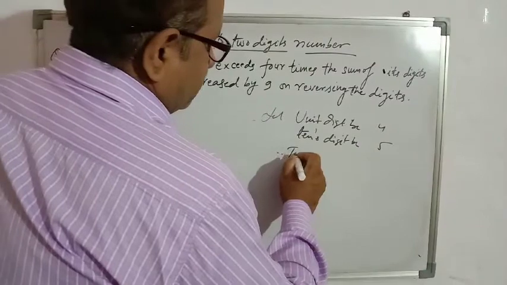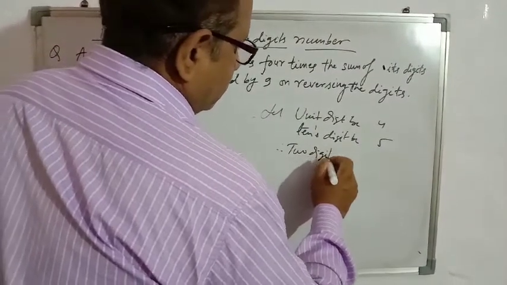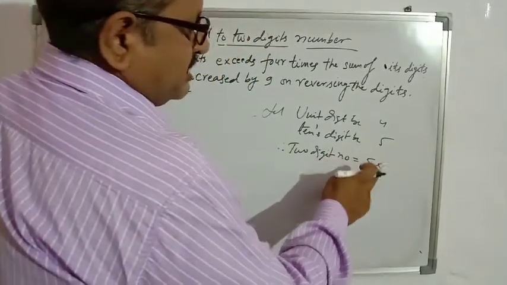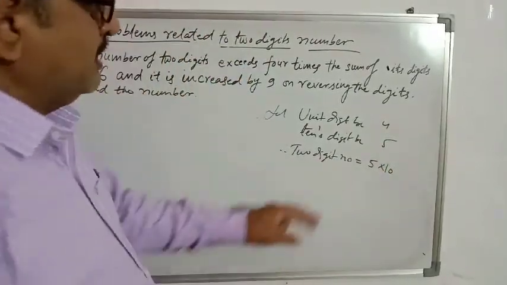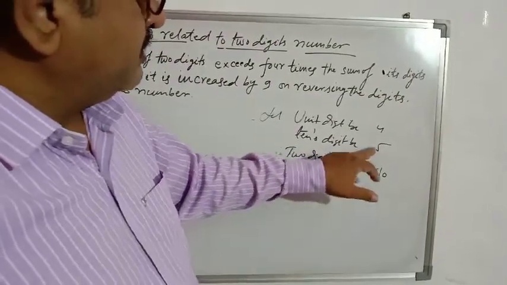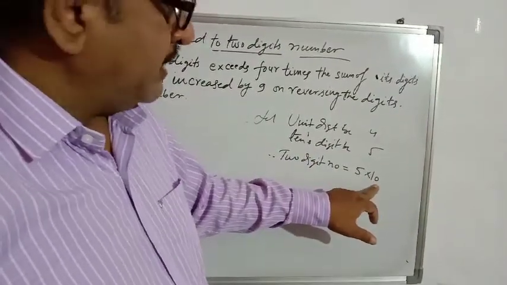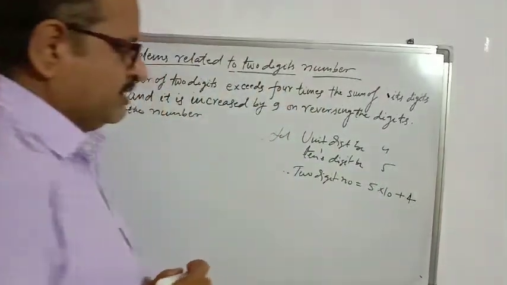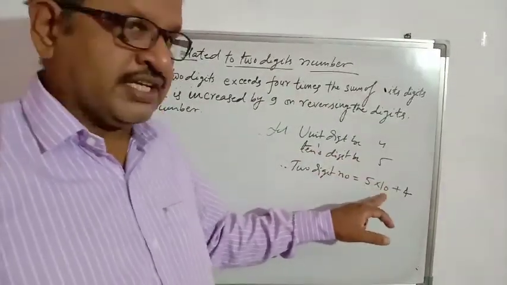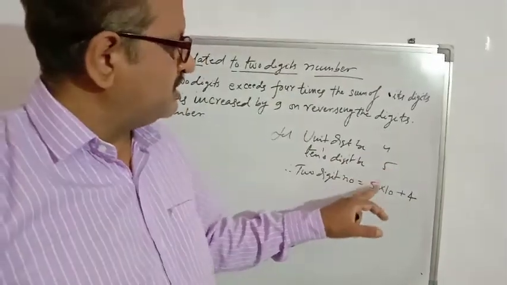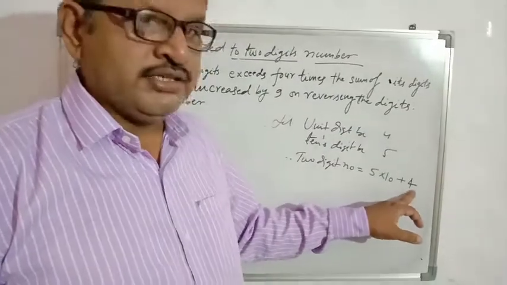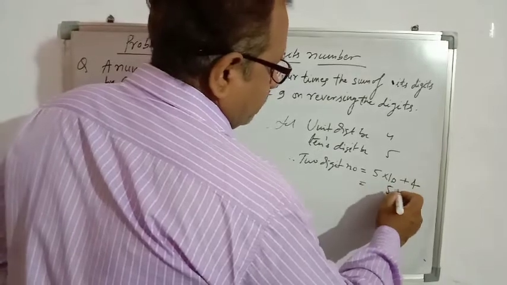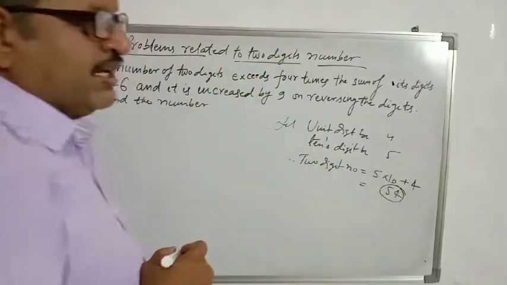Suppose the unit digit is 4 and the tens digit is 5. We will multiply the tens digit by 10 and add the unit digit, because the place value of the tens place is 10. So 10 into 5 is 50, 50 plus 4 is 54. In this way, we can make the two-digit number.